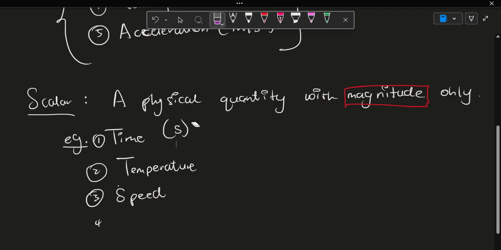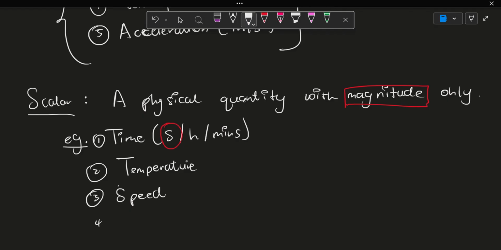In physics, we always have our time in seconds, but time in general could be in seconds or hours or minutes, etc. So we have time, we have temperature in degrees Celsius, and another one, Kelvins. Kelvins and degrees Celsius share a certain type of relationship. And then we have speed, which is in meters per second.